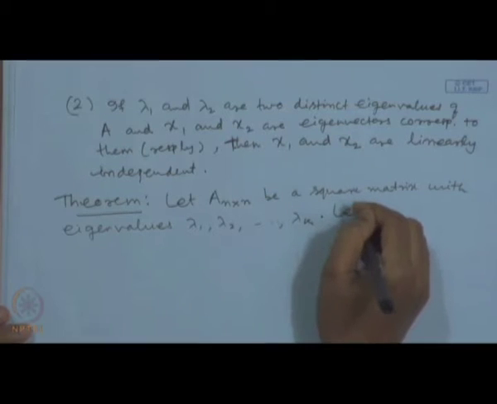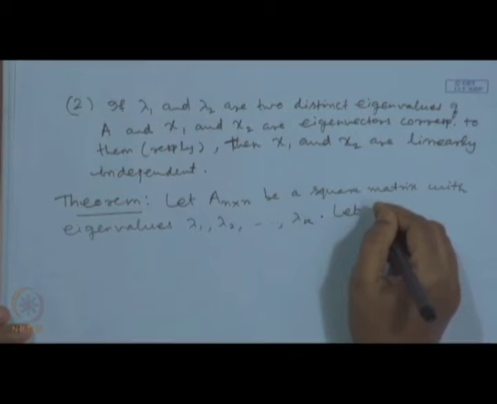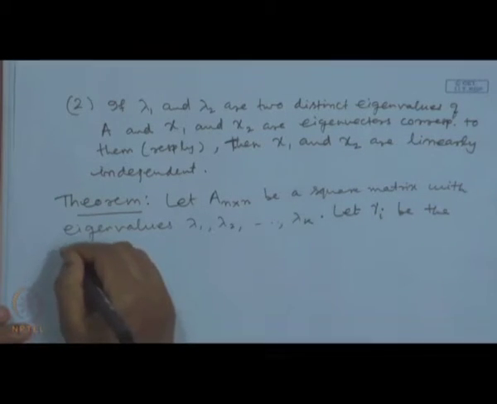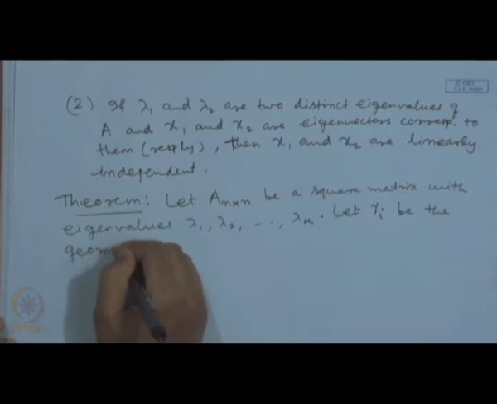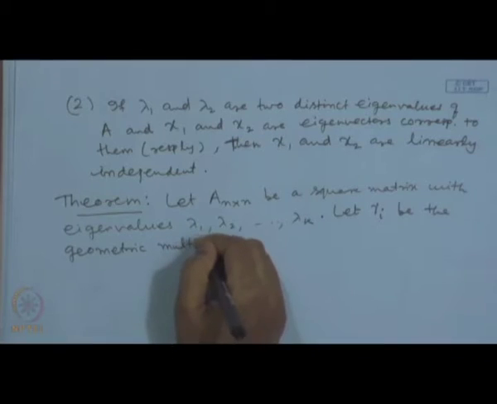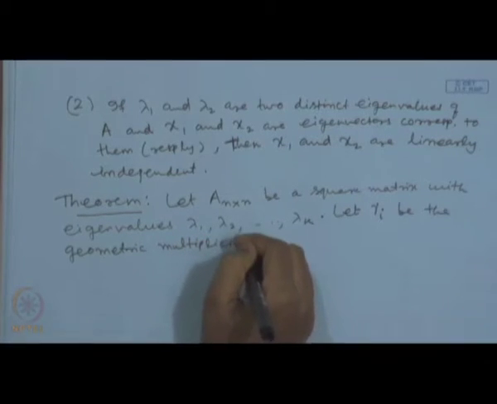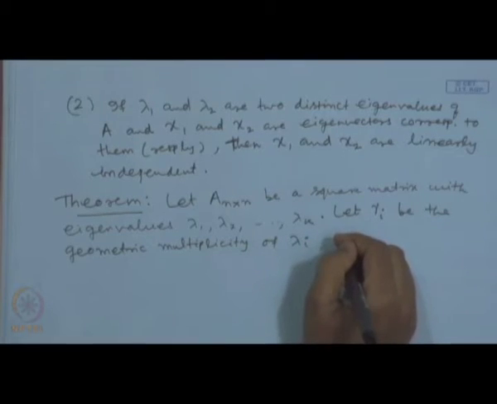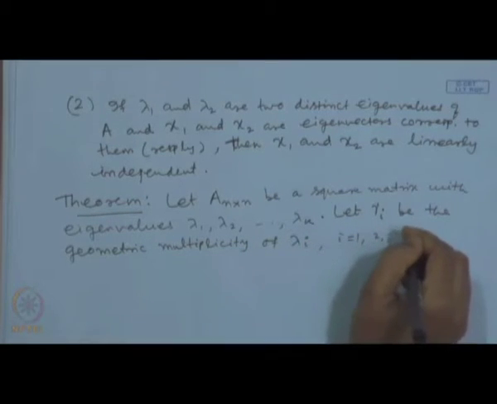Let gamma i be the geometric multiplicity of lambda i, for i from 1 to k.